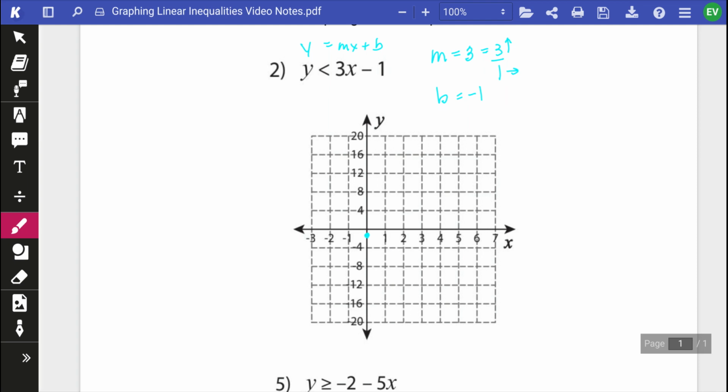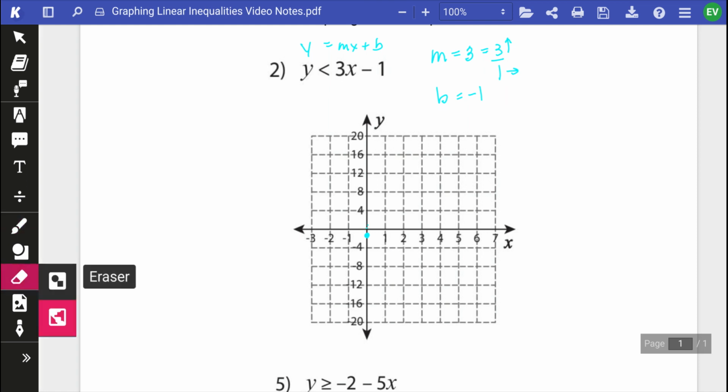And then remember, if you look at our y-axis, the intervals go by 4. So be really careful, pay attention to that. So we have to go up 3 and right 1 from there. It's going to look a little skewed, but 3 is really up here. So it's 1, 2, 3, and over 1.